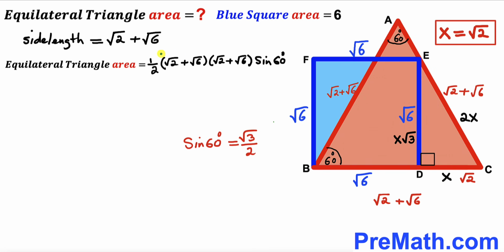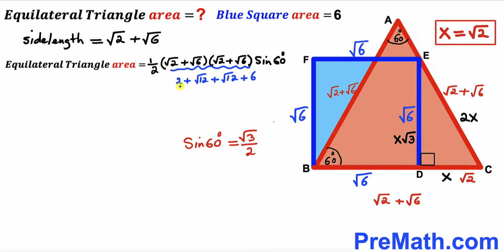And now let's focus on these two factors. We are going to multiply them by using the double distribution. If we multiply these, that's going to give us 2 plus square root of 12 plus once again square root of 12 plus 6.